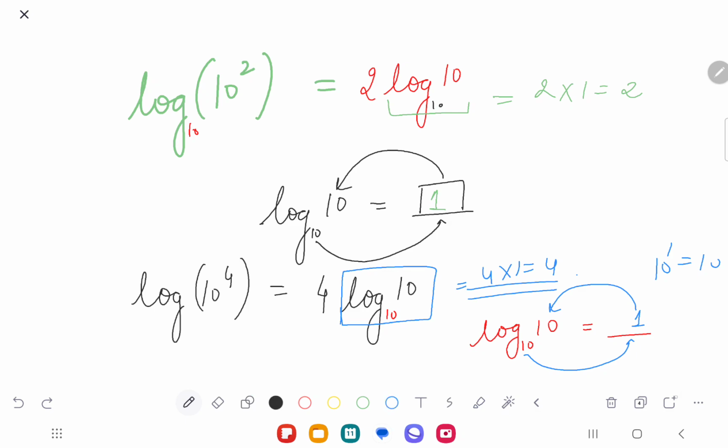Similarly, if I have log 10 raised to power minus 7 and nothing is written at the base, it is base 10. This is my base. Yes or no? I am supposed to find out this particular value. How do you think I'll be able to find this out?